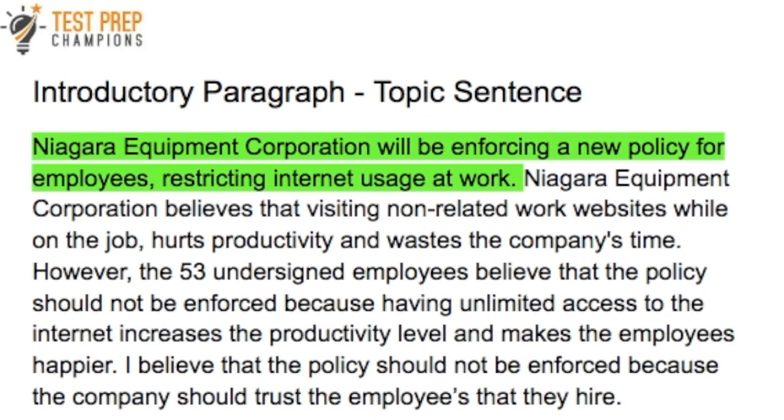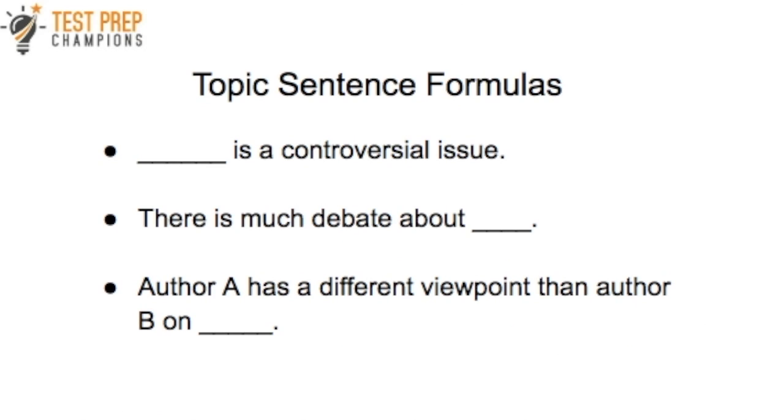But one thing that I want you to think about here is injecting more of a feeling of debate into your topic sentence. All right, so you want to also set the stage for the fact that there are multiple viewpoints on the debate over whether or not internet should be restricted for the people at work. So you can do that right in your topic sentence. And so I have some topic sentence formulas here, and these are just guidelines, and these can be useful for the audience members watching this as well as for you.